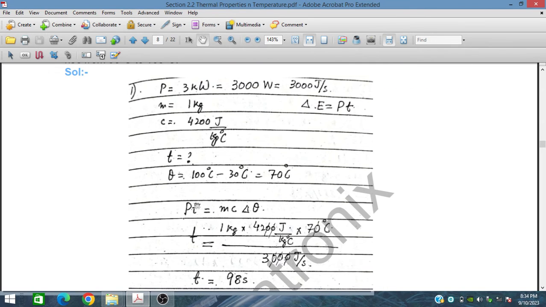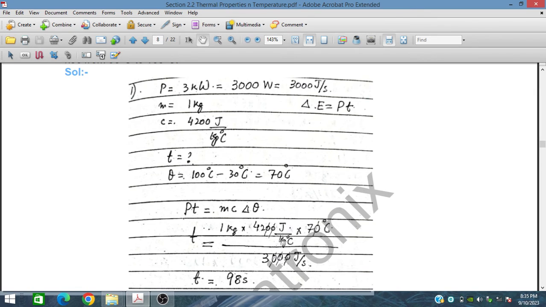The input energy supplied to the kettle through the electric power raises the temperature of the water, and this is m c delta T. So 1 kilogram water, mass is 1, specific heat is 4200 joules per kilogram Celsius, this temperature is 70 degrees Celsius, and the power is 3000 joules per second.